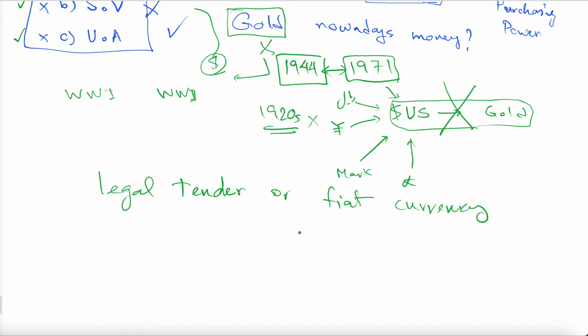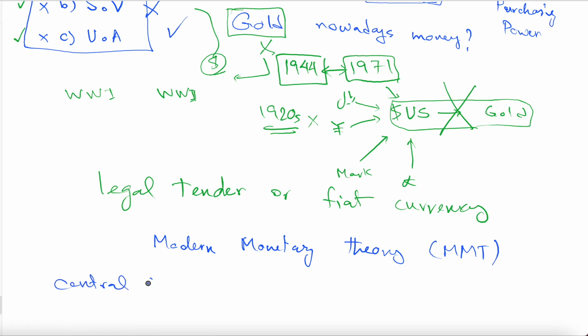And the problem with this is that we move to something known as modern monetary theory, or MMT. Modern monetary theory is that the central banks are in charge of the legal tender.